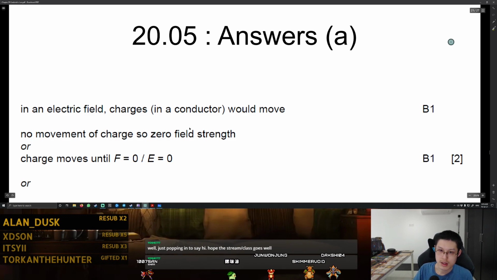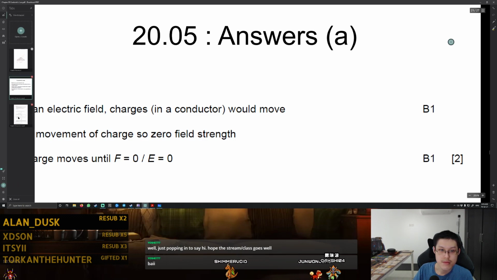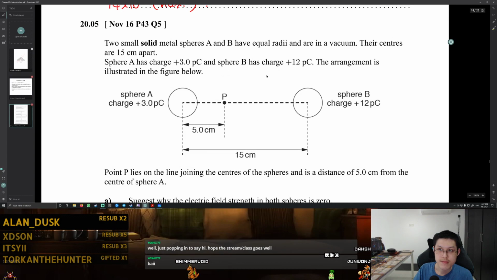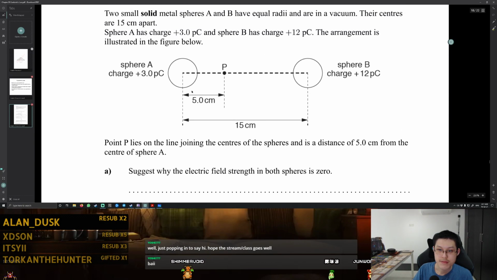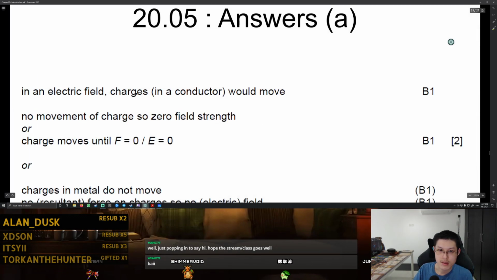So the field strength would be 0. In an electric field, charges would move, but because there's no movement of charges, therefore electric field strength must be 0. Yep, that's just 2 marks.